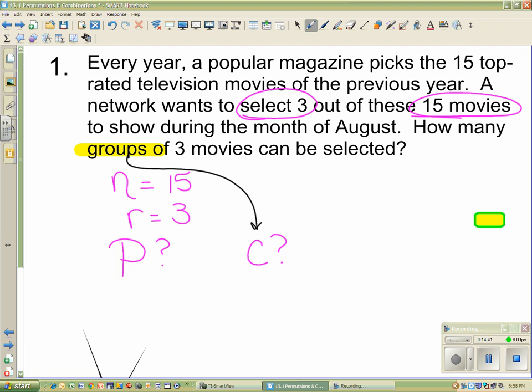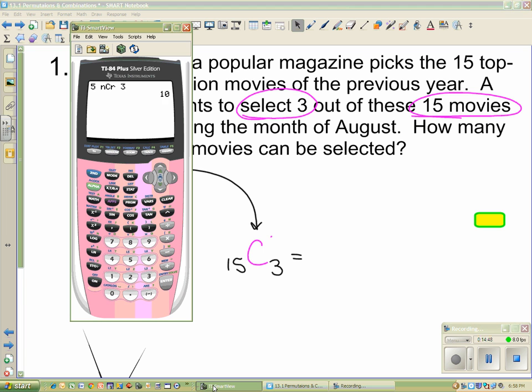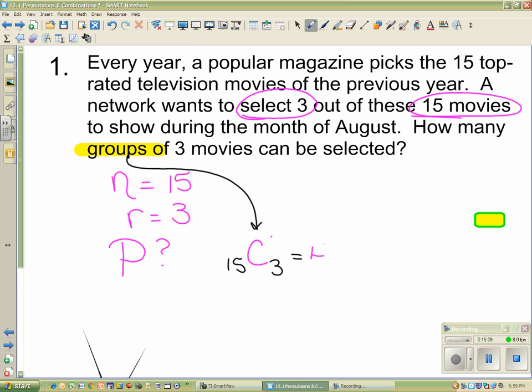So I really want to do a combination of 15 things choosing 3, and put that into the calculator. 15, math, probability, option 3. I'm choosing 3 things out of 15, and I see my 15 didn't quite go in. So 15, probability, choose 3, hit enter, and we are at 455.